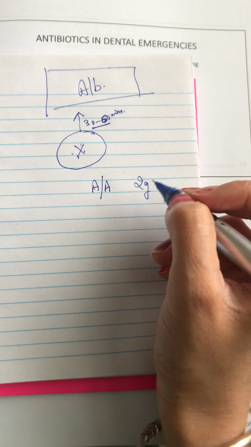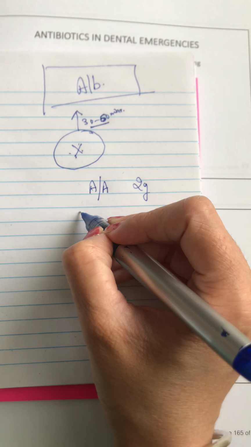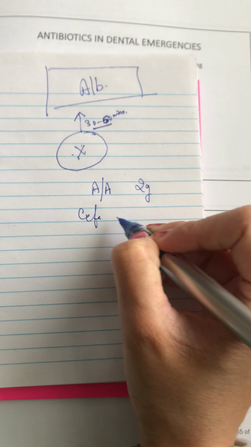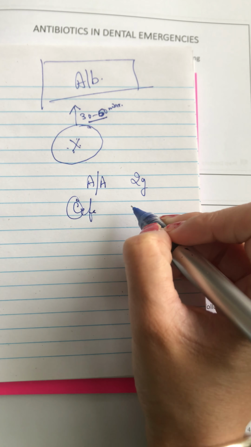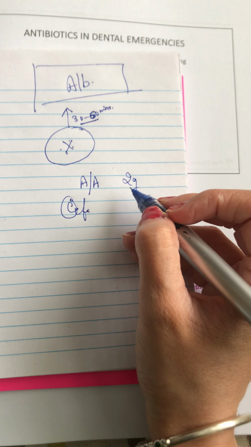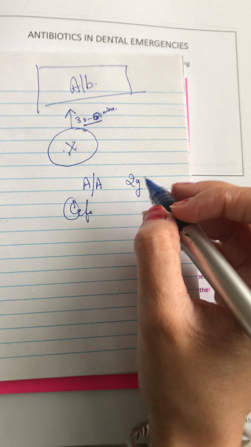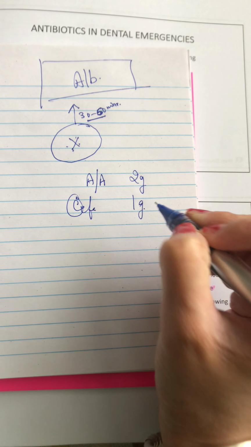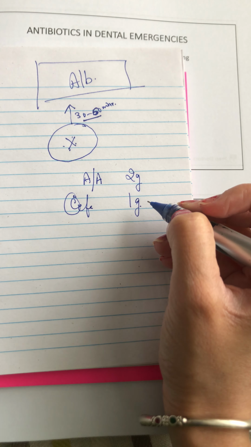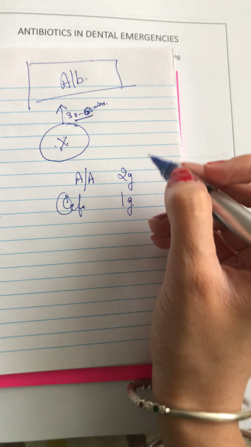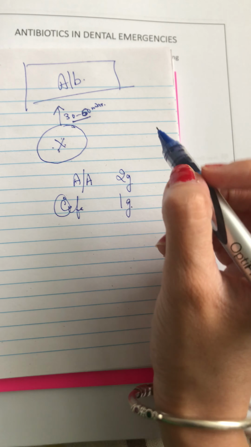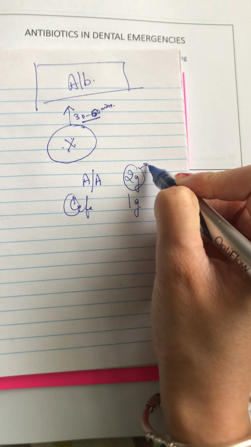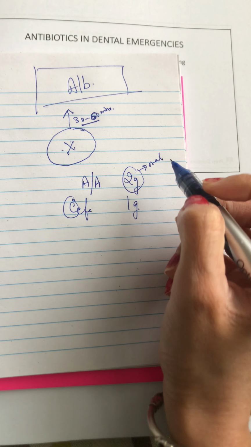If you don't want to give this, the next one is your cefazolin. So next is the C, and cefazolin you give half of it, so you give 1 gram. Okay, so 2 gram or 1 gram. Now when I say 2 gram or 1 gram, this 2 gram is if you are giving the oral, right?